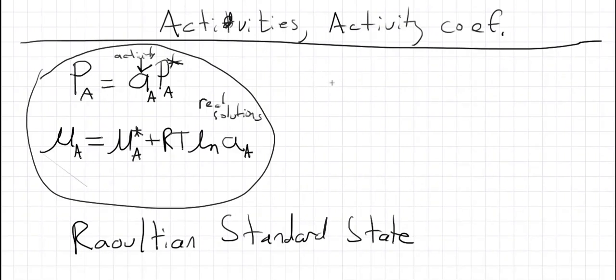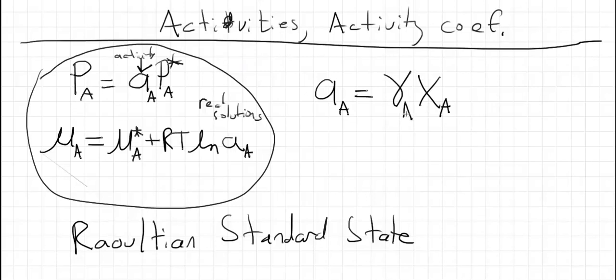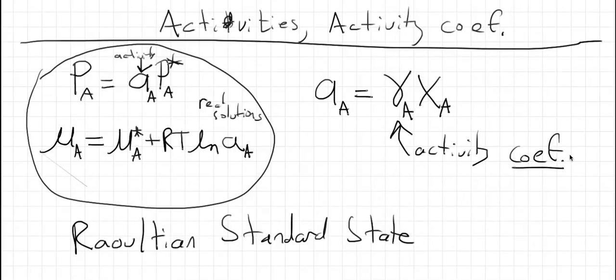So we say the activity of some compound A is equal to the mole fraction times, I guess you could call it a fudge factor, which is the activity coefficient. So make sure that you keep the activity and the activity coefficient straight, right? You use activity coefficients to calculate activities from mole fractions.